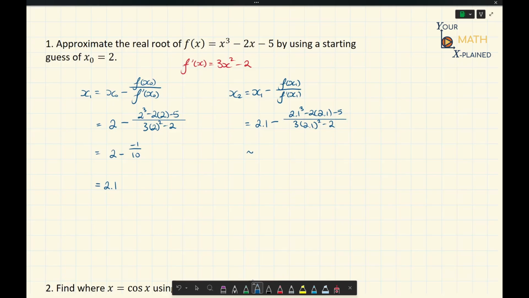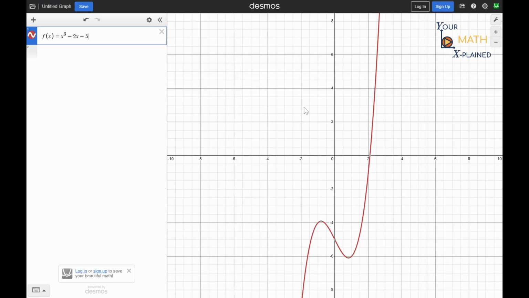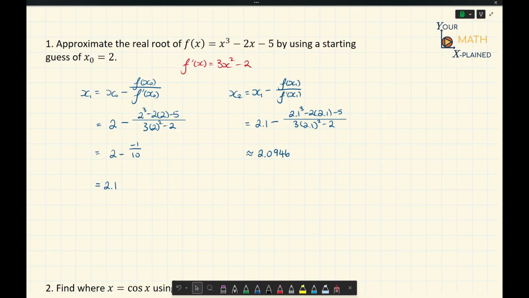And this is roughly 2.0946. And just to take a look at what the function actually looks like, here I've plotted the function f of x, and we can see that the root here is 2.09455. So this means in just 2 steps, we went from a rough guess to a value that's accurate to 4 decimal places.